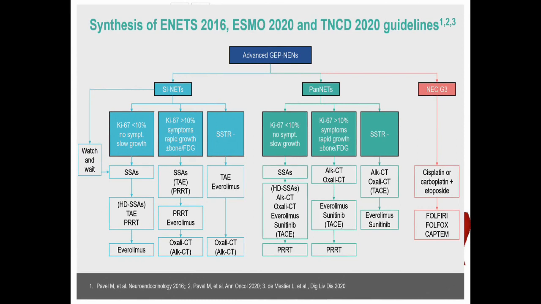In the minority of patients who do not express somatostatin receptors, chemotherapy first line and targeted agents as second-line treatment. In patients with neuroendocrine carcinoma G3, cisplatin etoposide first line is the treatment option, and in second line it is less effective.